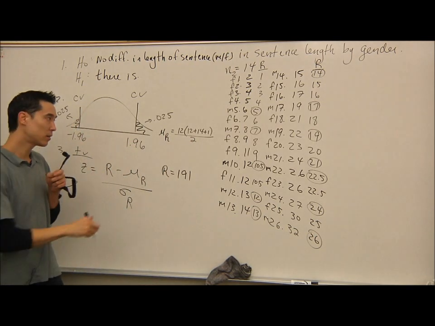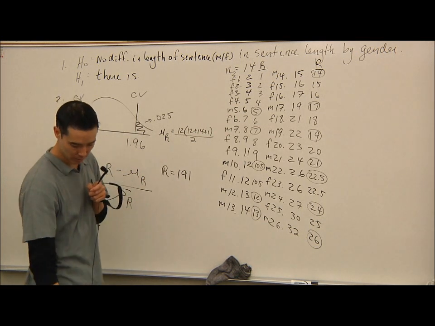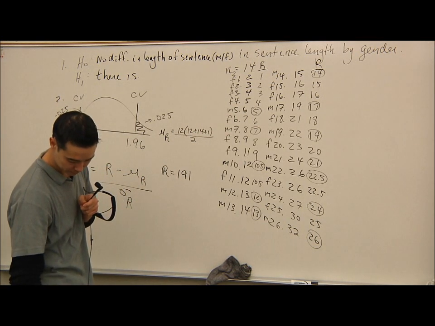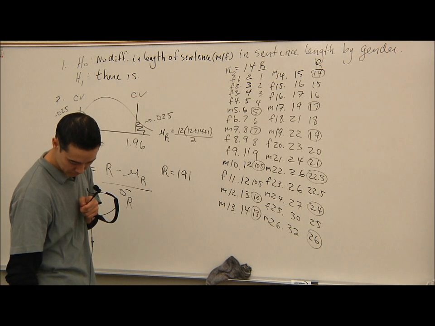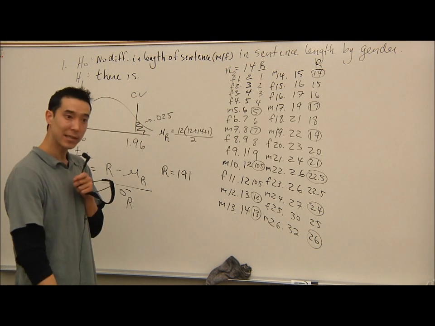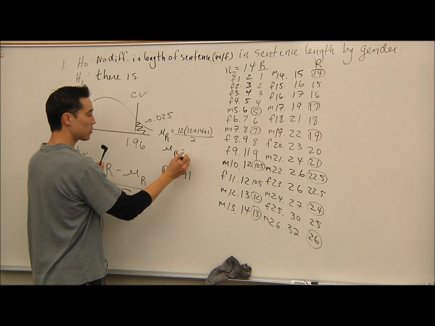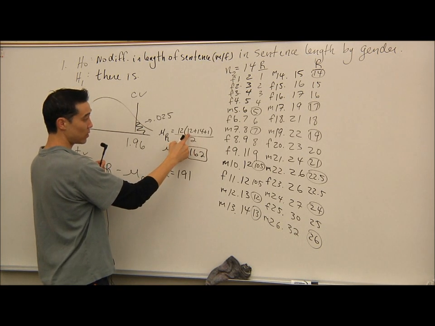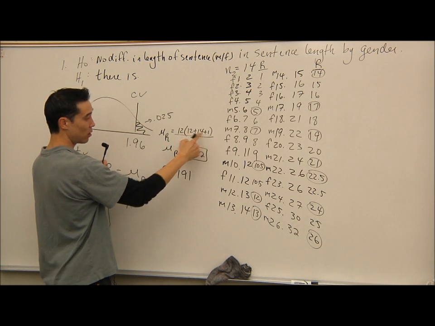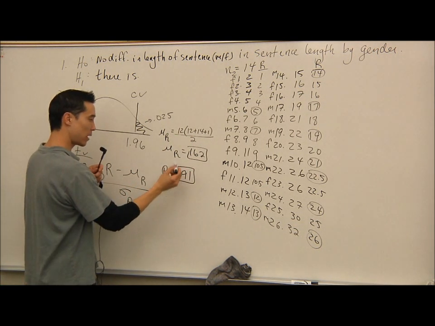So in your calculator, you have 12 times 27 divided by 2. Let's see what that comes out to. 162. Okay, so that shouldn't take too long. You should get mu sub R is 162. N1 times N1 plus N2 plus 1, all divided by 2, comes out to 162. So I have R, I have mu sub R.